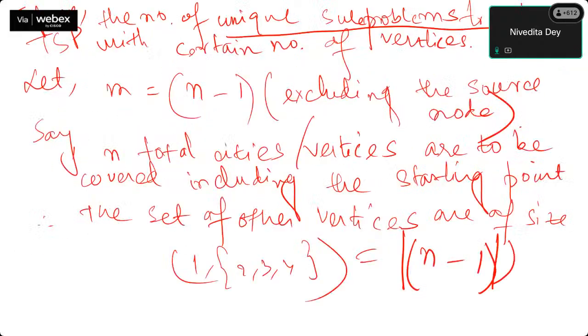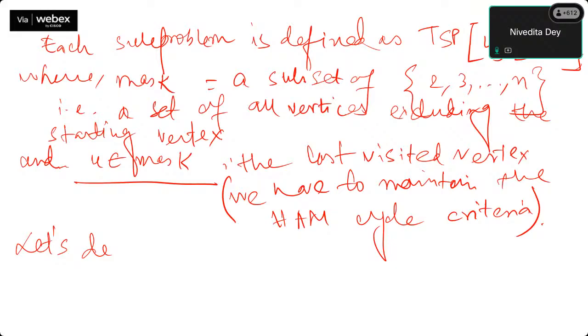Our primary target is to prove how to relate the number of unique subproblems for TSP, right? So on that note, we are moving. I hope you have some understanding of the basic things. We will be taking the questions, so then we can discuss a lot more. So let's denote. Let me finish it first.